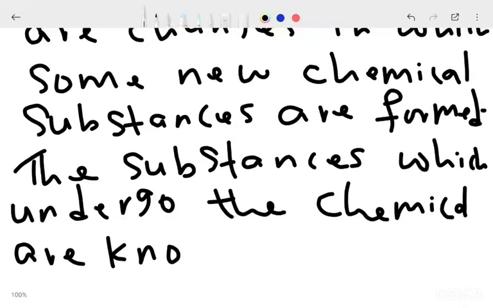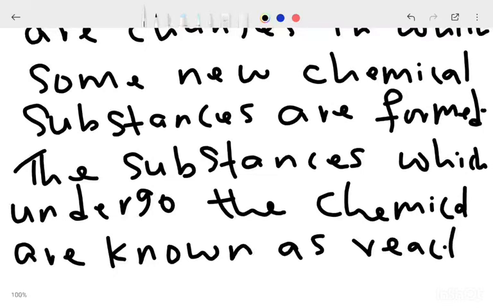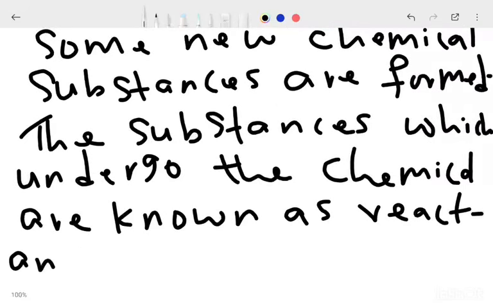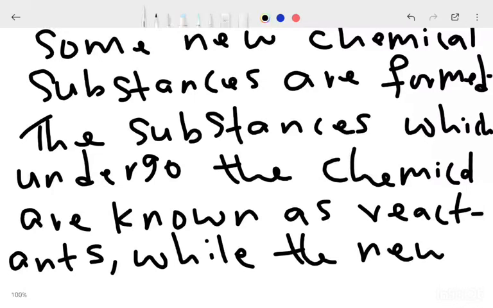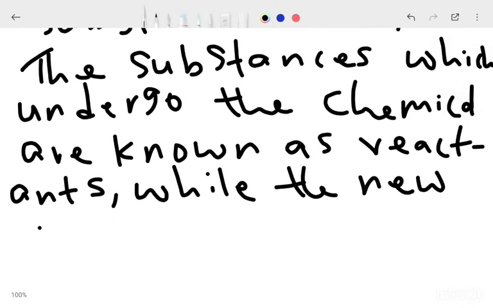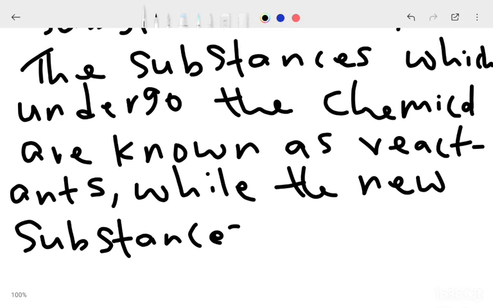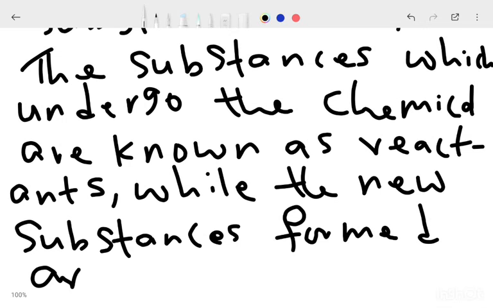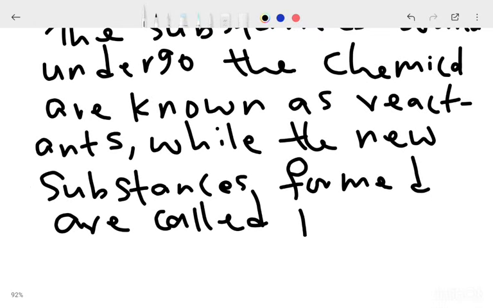are known as reactants, while the new substances formed are called products.